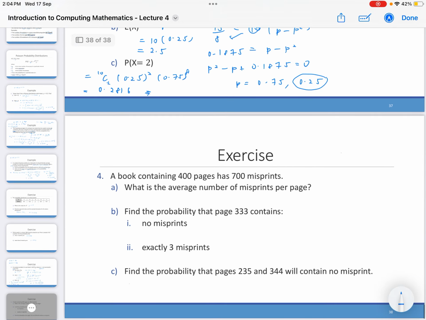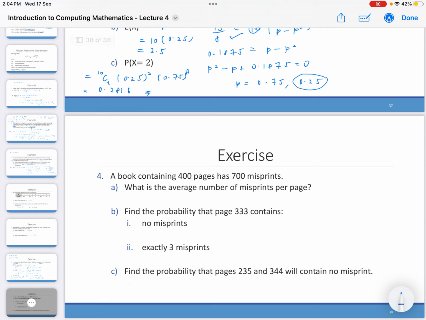Okay, let's look at the last question. A book containing 400 pages has 700 misprints. So this book has 400 pages and also has 700 misprints. What is the average number of misprints per page?